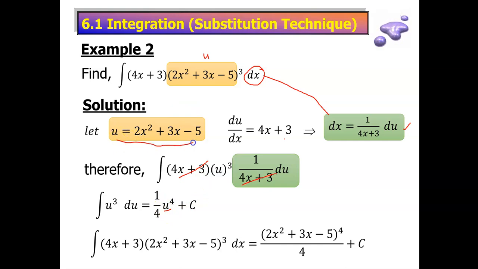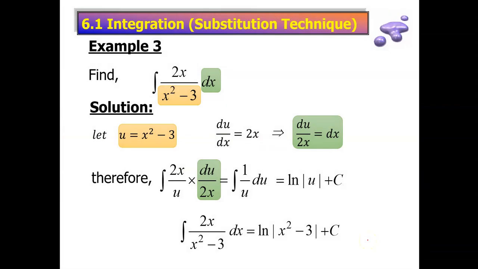Don't forget to substitute it back with this term. So you're going to have 1 over 4, or divide by 4, it's similar, times u, just write it back, 2x squared plus 3x minus 5 to the power of 4 plus c. So this is the final answer.